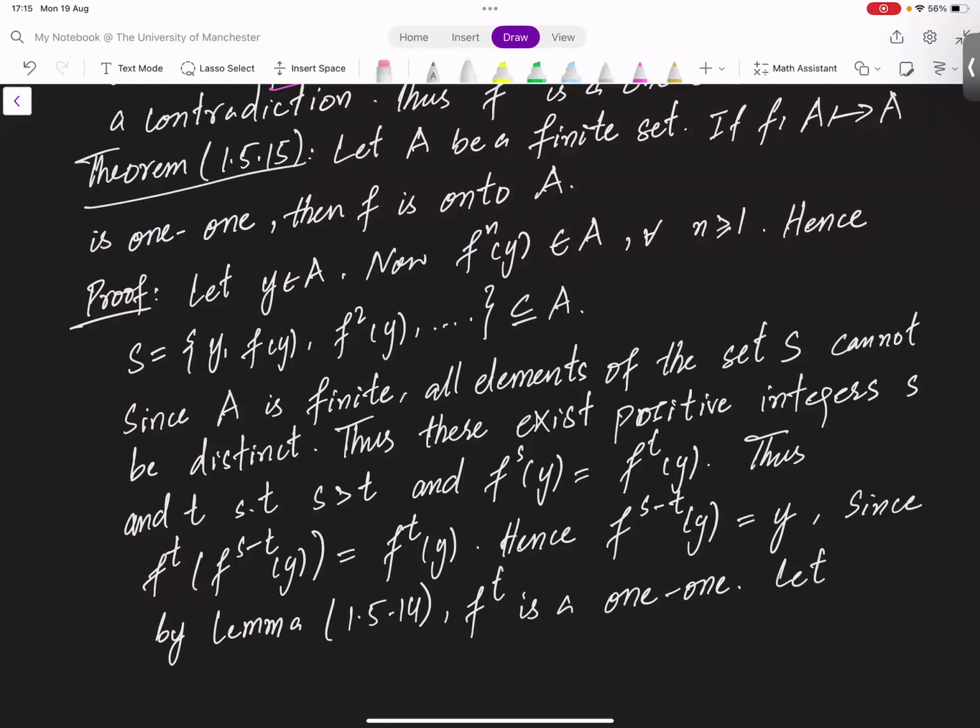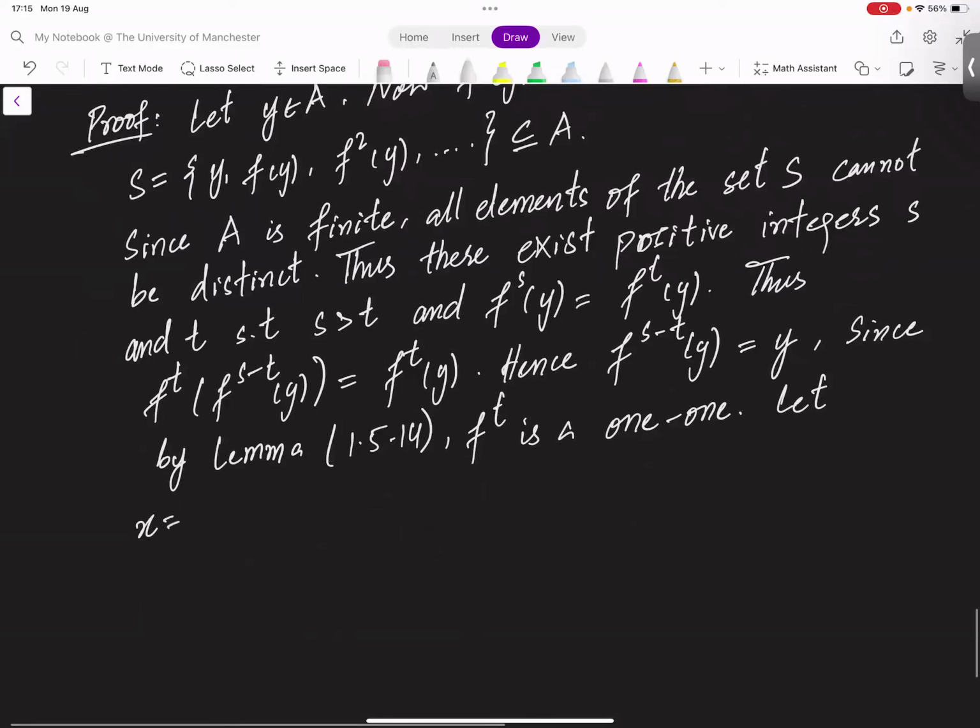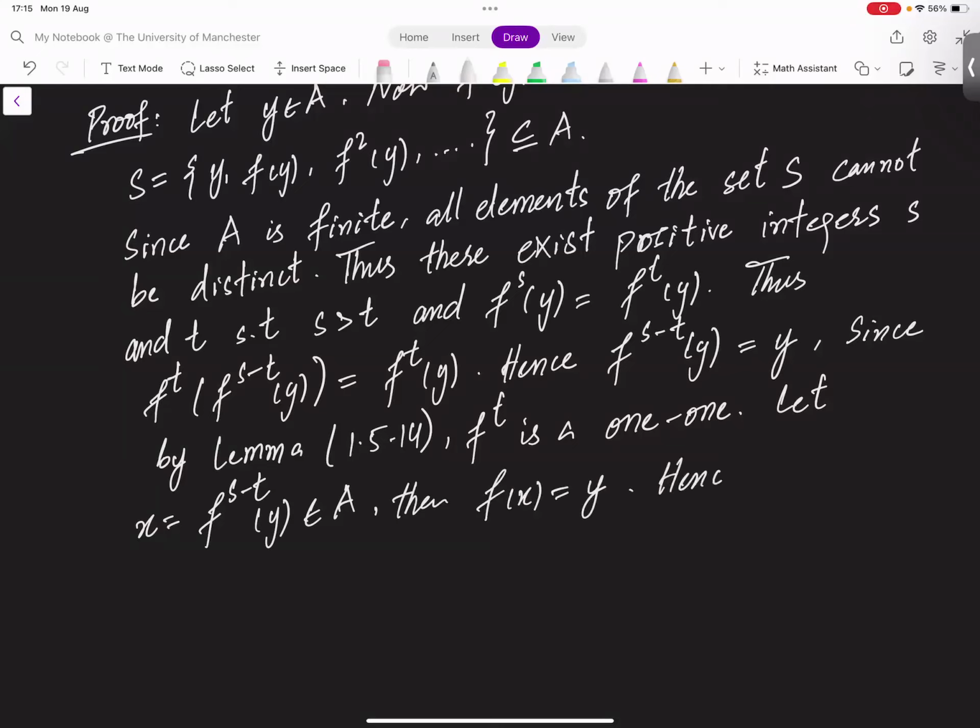Let x be f power s minus t of y in A. Then f of x is y, hence f is onto A. Perfect.